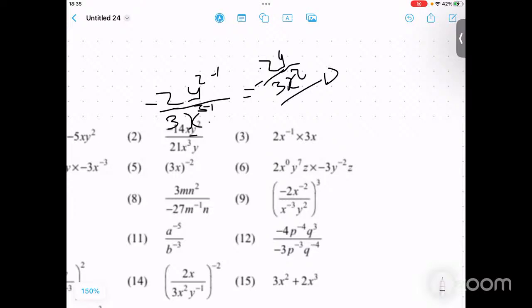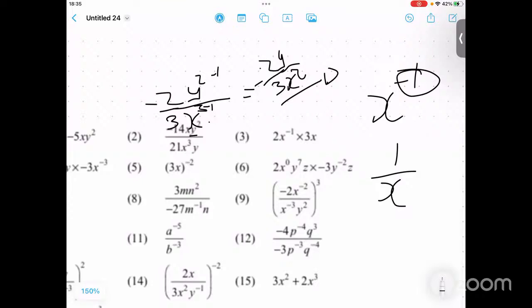I was saying that because they said the answer must be in the form of a positive exponent, not x to the power of -1, but instead you should write it as 1 divided by x, because they don't want this negative exponent. So the x is going down and the y is remaining up there, because the exponent of x is bigger on the denominator and the exponent of y is bigger on the numerator.